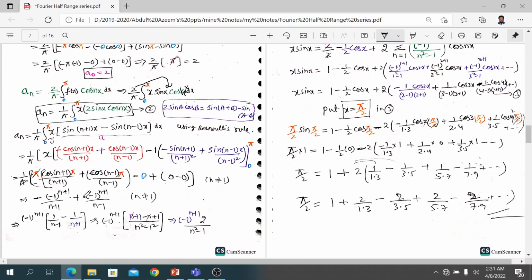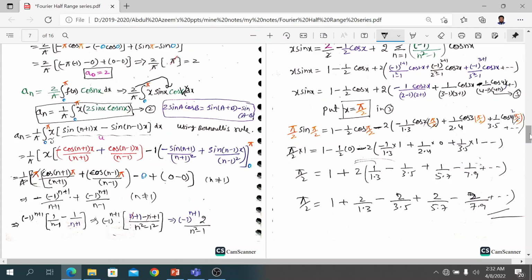Here it is positive, so 1 by n minus 1. Here it is minus, so minus 1 by n plus 1. This outside as it is. Cross multiply: n plus 1 minus n plus 1, with n minus 1 times n plus 1, a plus b into a minus b, a square minus b square. The n cancels, 1 plus 1 is 2, so minus 1 power of n plus 1 by n square minus 1.